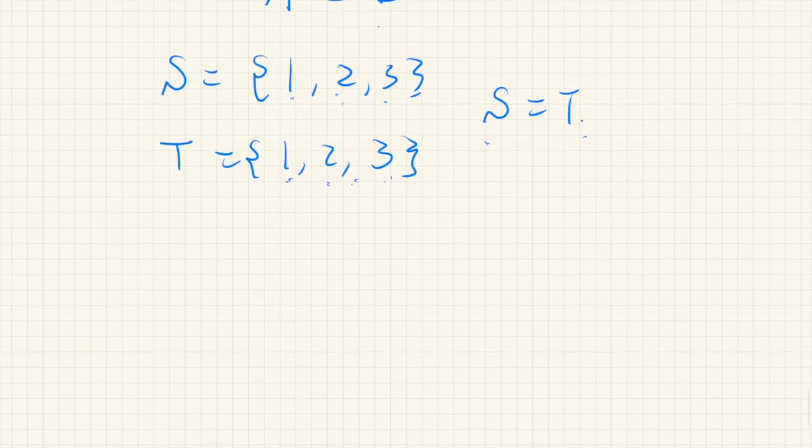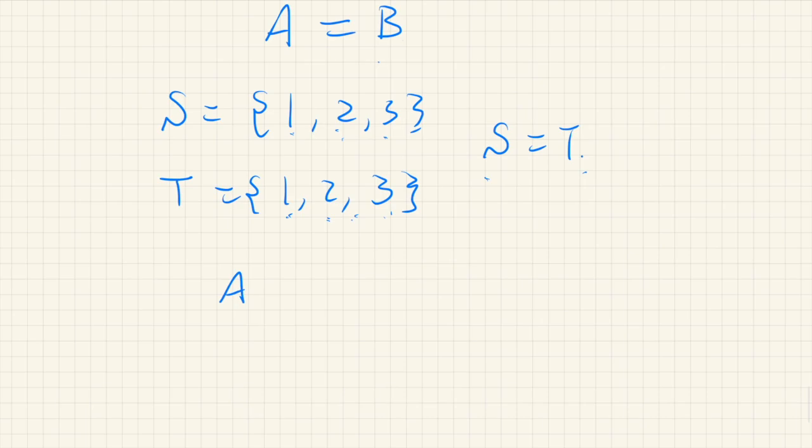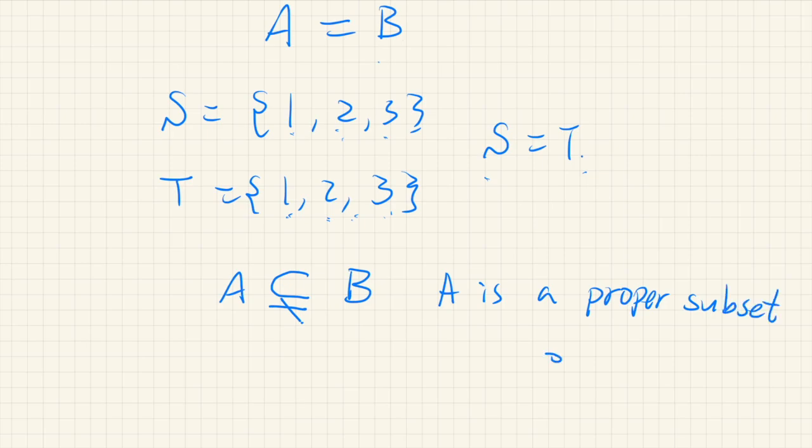And if two sets are not equal, but actually one of them is a subset of the other, then we write like this. Let's say A is a subset of B, but A is not equal to B. In that case, we write like this. And in particular, we say A is a proper subset of B. So proper is here.